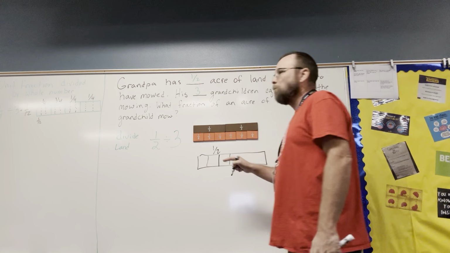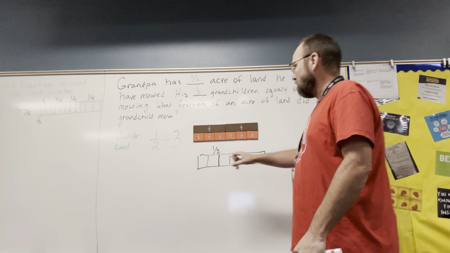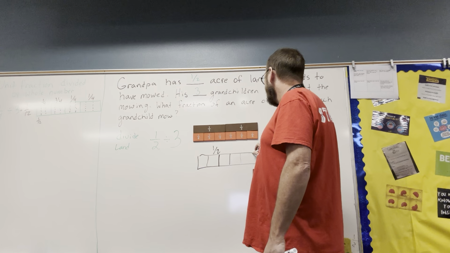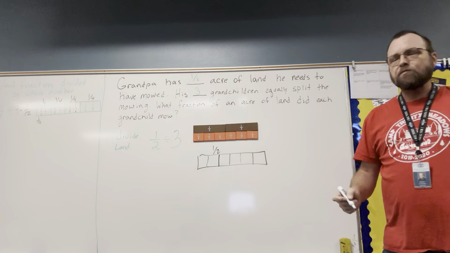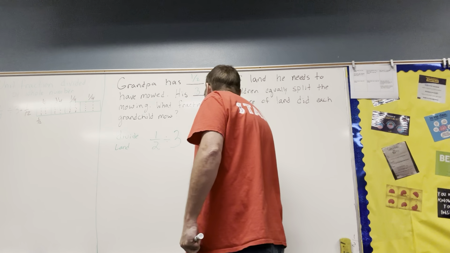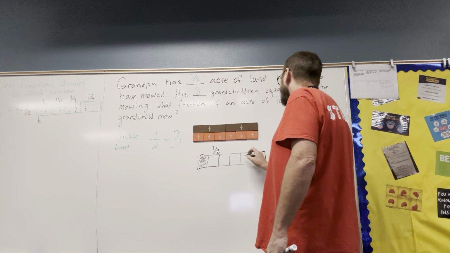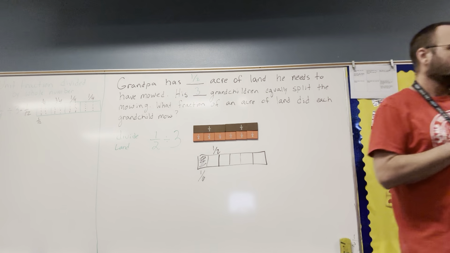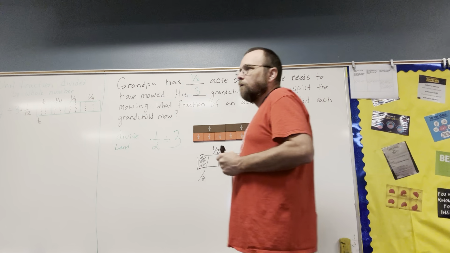But this doesn't show me that it's 1/6. This shows me 1/2 divided into 3 equal groups. So if I divide both halves into 3 equal groups, and I want to know just how much one grandchild is mowing, I have 1, 2, 3, 4, 5, 6. So they're mowing 1/6 of the yard, the land.